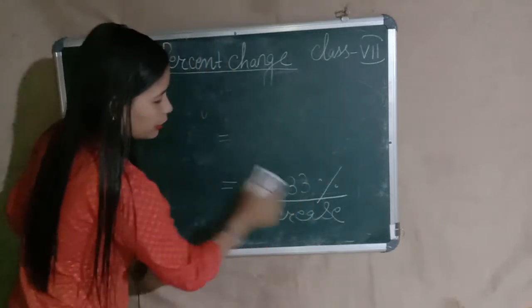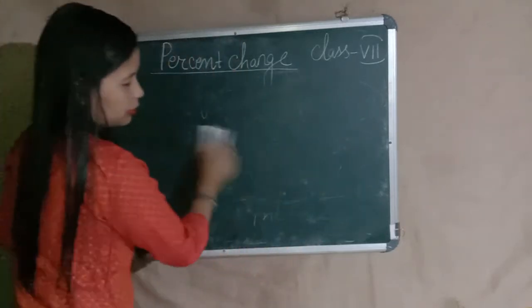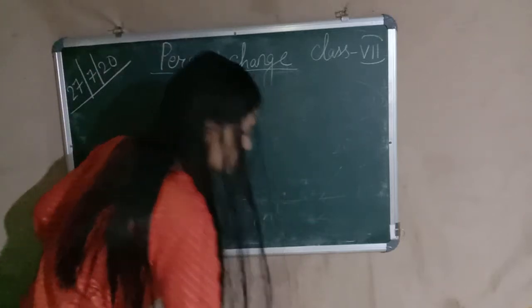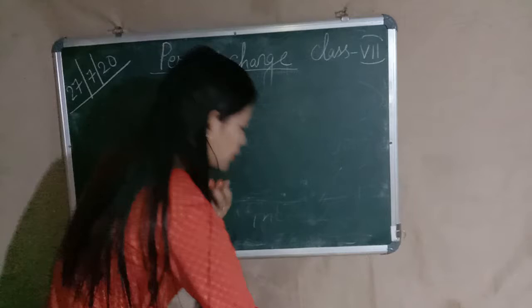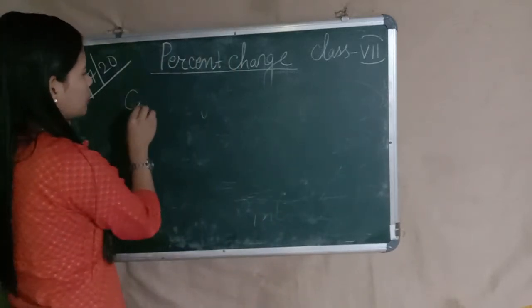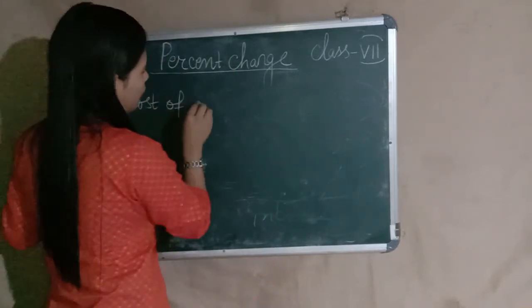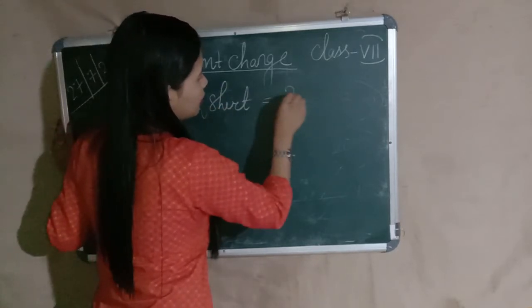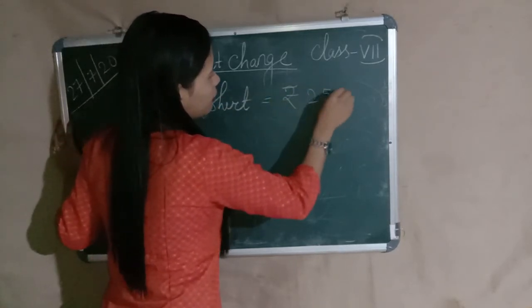Wherever there is a decrease, let us say that the cost of a shirt is rupees 2500.